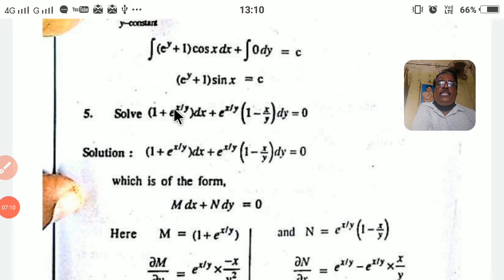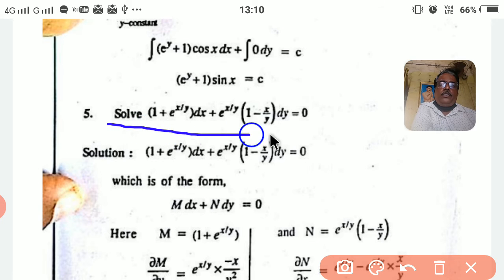Solve (1 + e^(x/y)) dx + e^(x/y) (1 − x/y) dy = 0. This is the given equation.